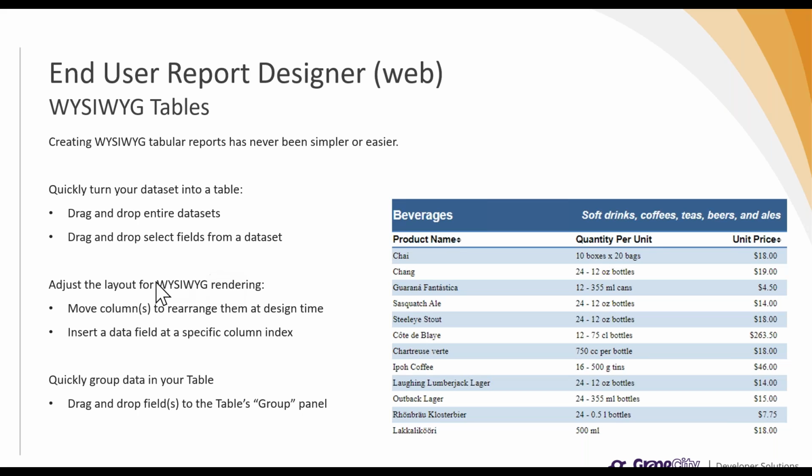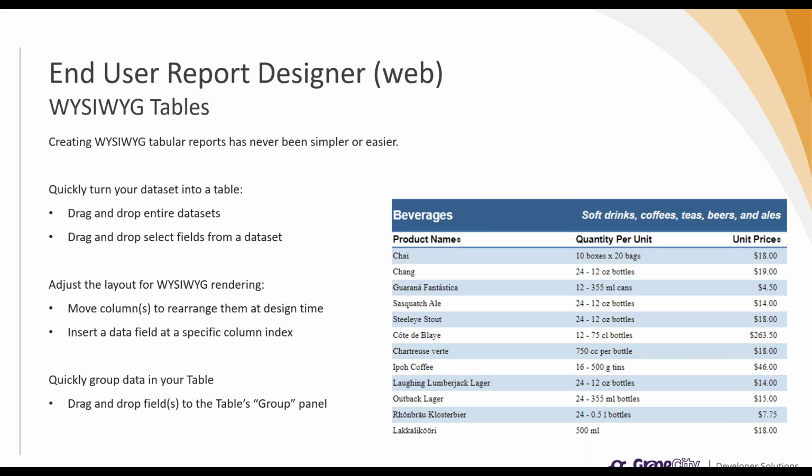So it's very, very easy to create these reports with ActiveReports. And then if you wanted to do grouping, grouping is also the same way. Essentially, you would just drag and drop a field on which you want to group into the grouping panel.